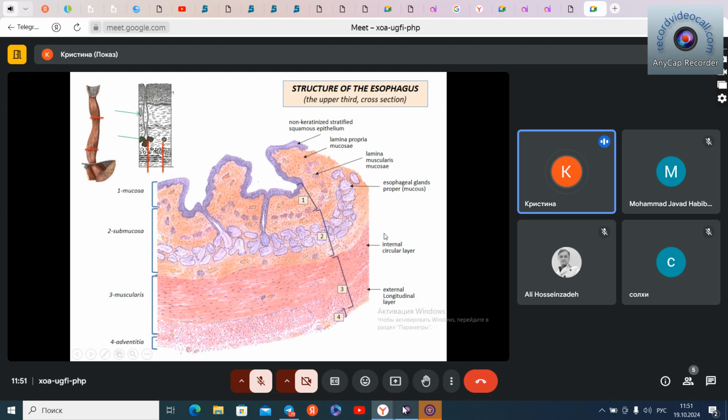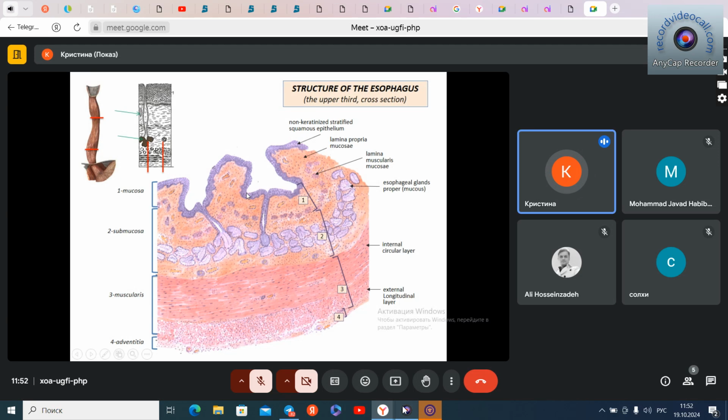This is the drawing, the picture of the cross-section of esophagus at the level of the upper third of the esophagus, because here we can see only skeletal muscle fibers, both in the inner circular and in the outer longitudinal layers of the esophagus. Here you can see the folds, longitudinal folds, which can be seen in anatomical preparations.